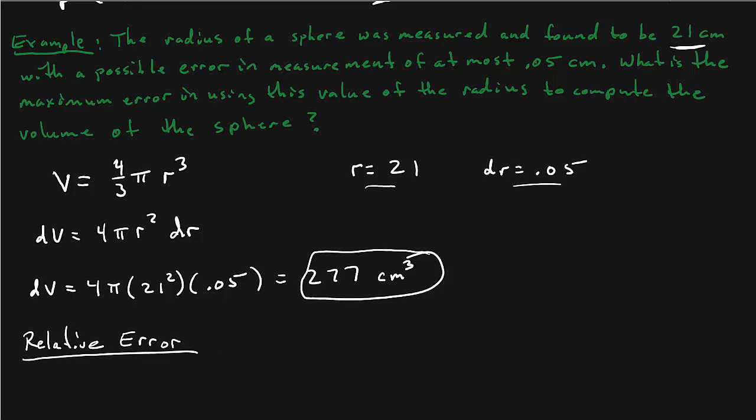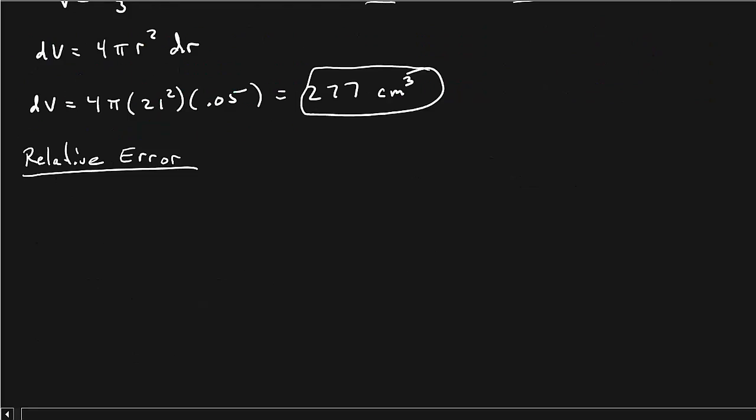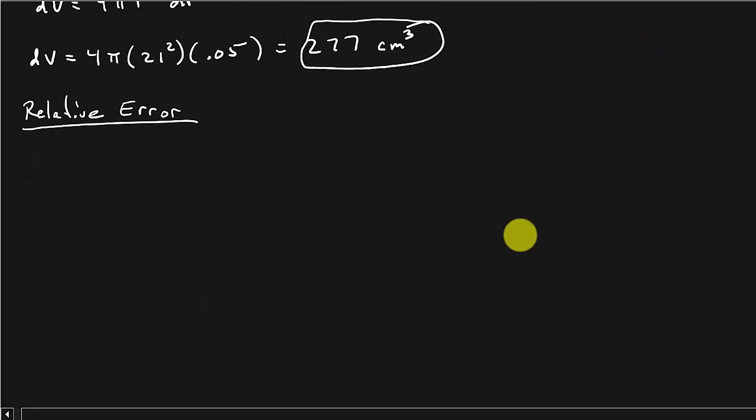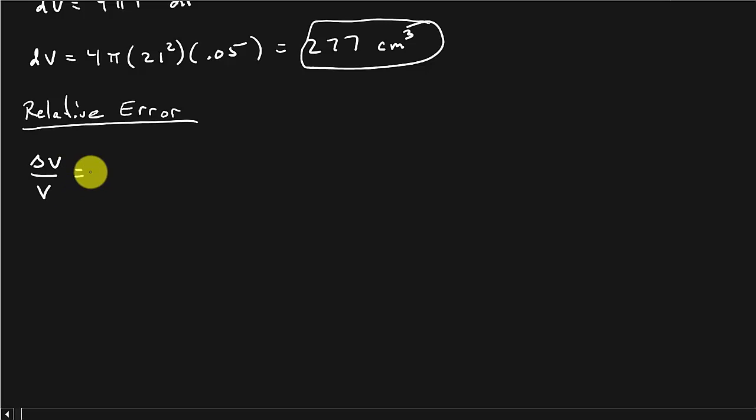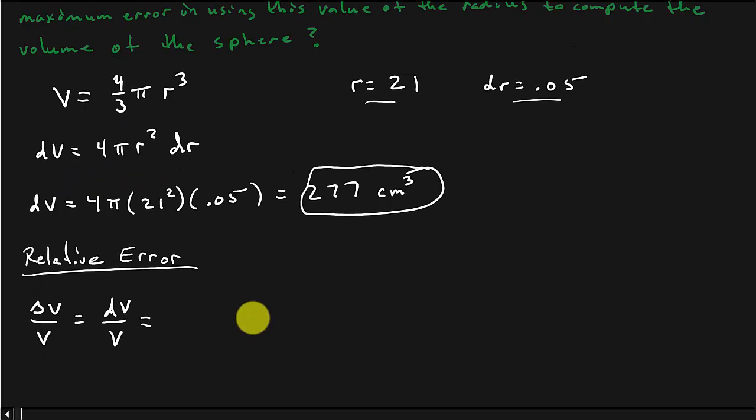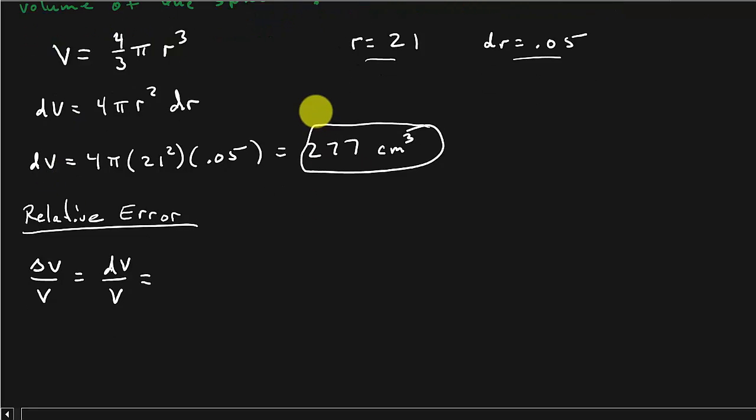The relative error is given by the error in the volume divided by the volume, delta V over V, or dV over V. We've got dV over the actual volume.